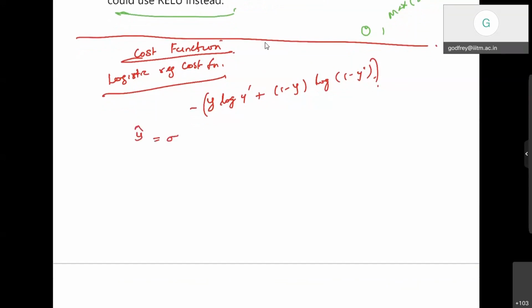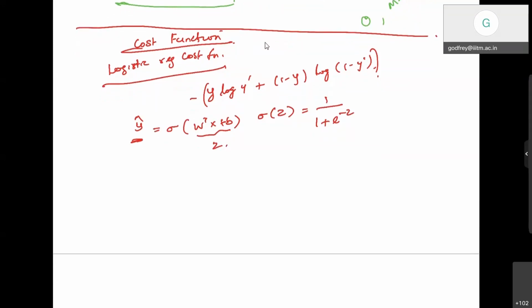Now y cap is given by sigma of w transpose x plus b, and sigma of z was given by 1 divided by 1 plus e power minus z. So y cap is defined by sigma of z.